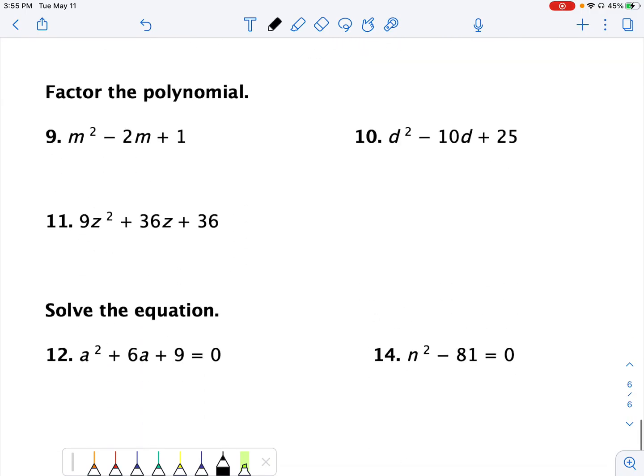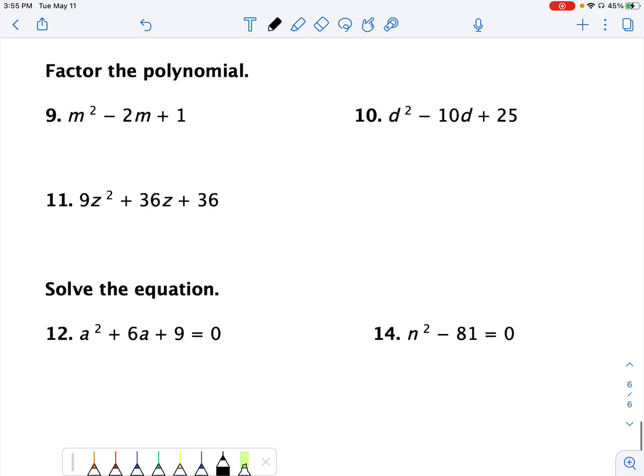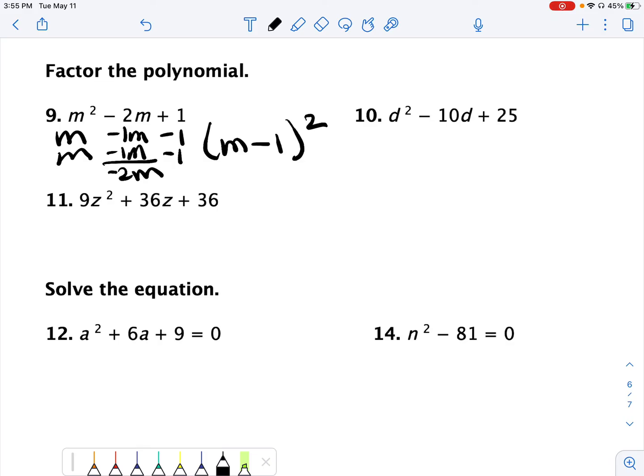Okay, practice problems. So, perfect square trinomial, m squared, and 1. Now look at the sign, so these are really negative 1. Yes, it works out. When I squeeze them together, I get negative 1m and negative 1m, so I get negative 2m. So this is m minus 1 quantity squared.